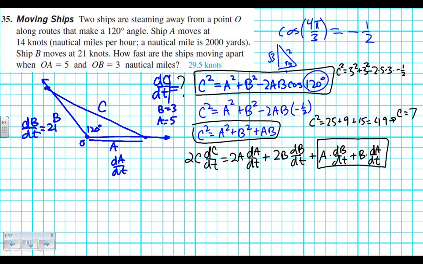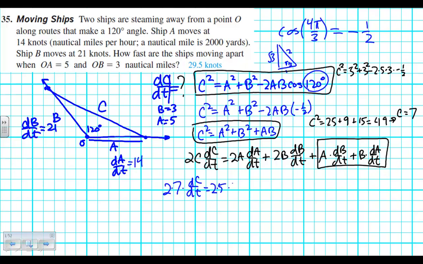Plug and chug. 2 times 7 times the unknown. 2 times 5 times, what did we say dA/dt was? 14? Ship A moves at 14.